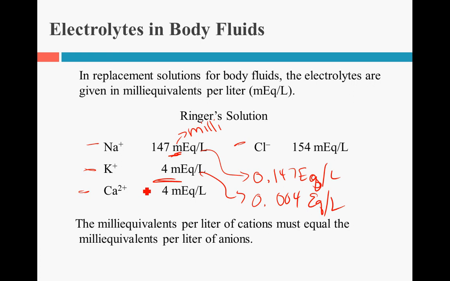Also notice that the cations have to equal the anions. So if we added these together, it's 155 milliequivalents. This is actually a little off. This is 154.